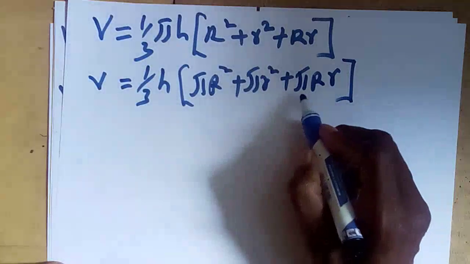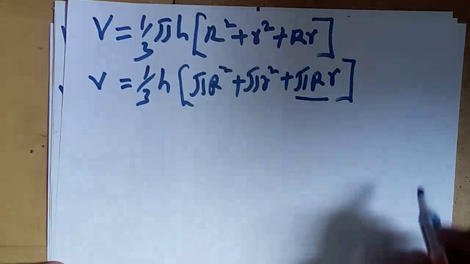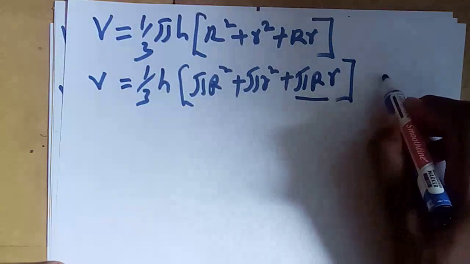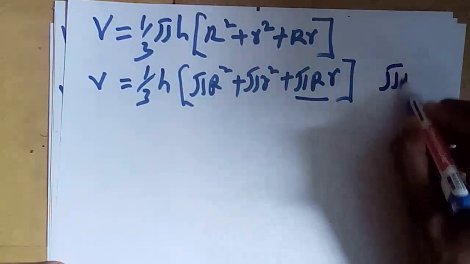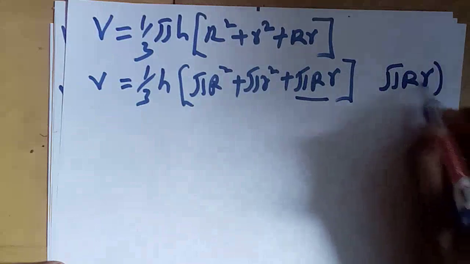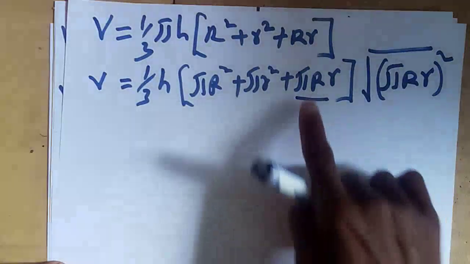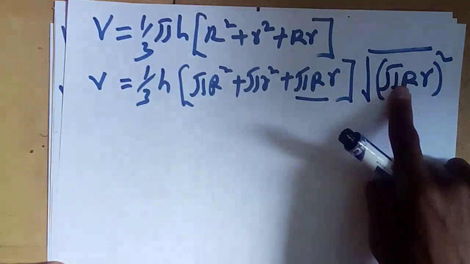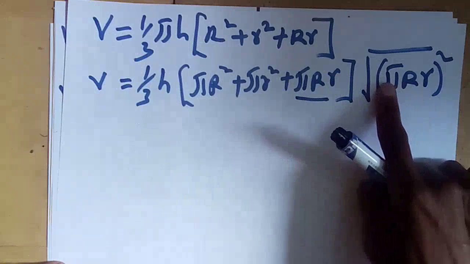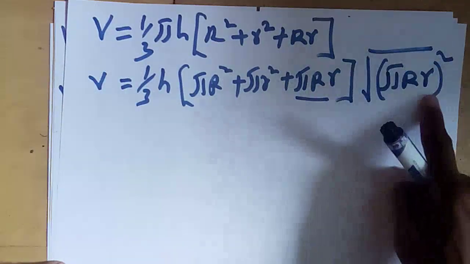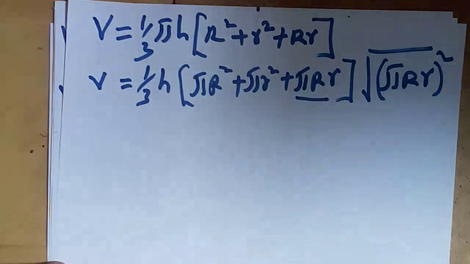Now look at this third part, which I want to do aside. This third part, I can write it as pi r, and then I square it, and then I do the square root. By so doing, I've done absolutely nothing to it, because if I square this and then do the square root, I come back to this particular term.